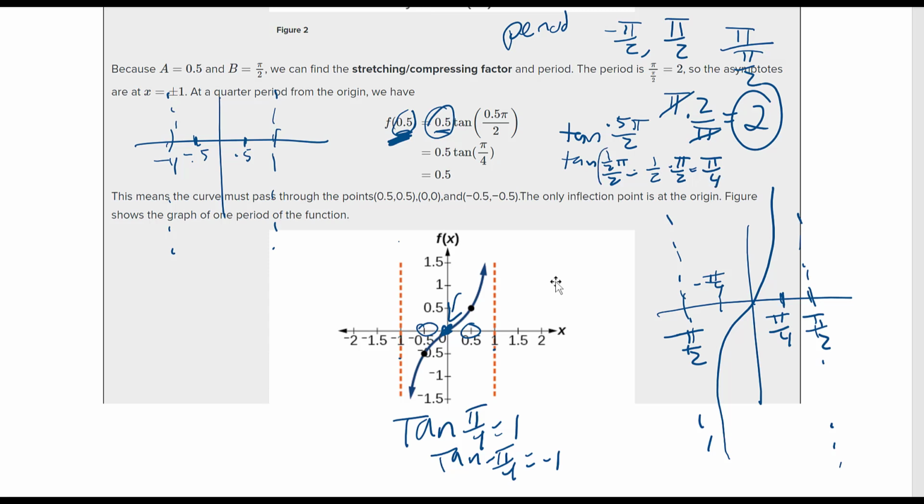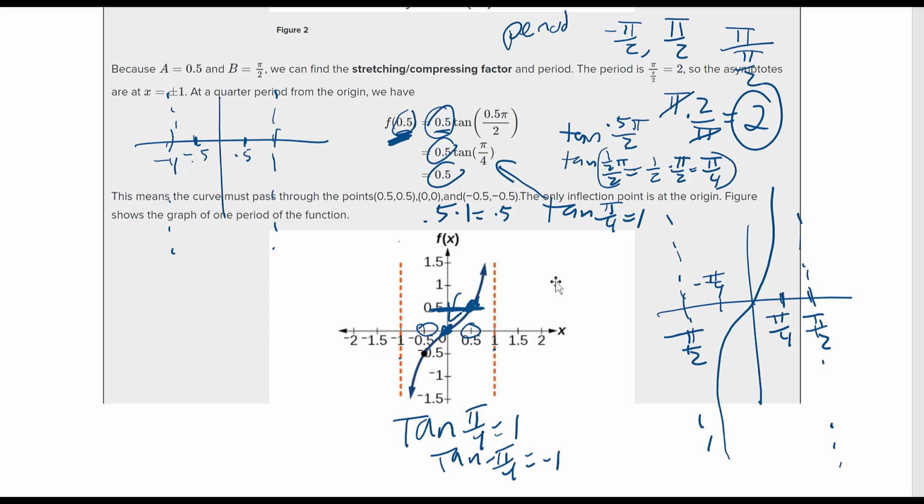I probably should have put that together. So this is really saying tangent of pi over 4, which is 1. So that's what they have there. And then 0.5 times 1 is 0.5. So this 0.5 just references where on the graph that would be. That's going to be here instead of at 1, where it would normally be, but the 0.5 leading coefficient compresses it.